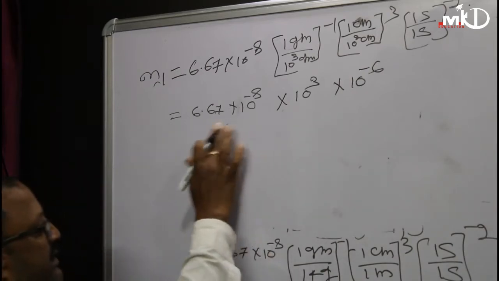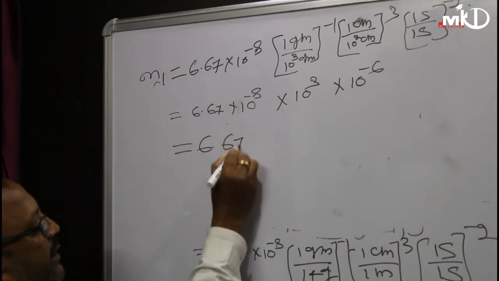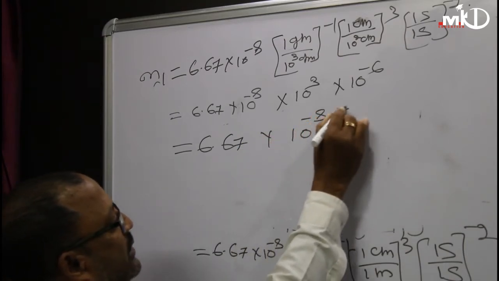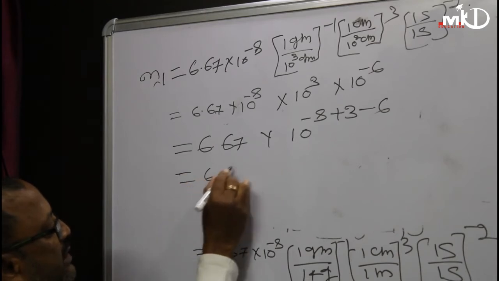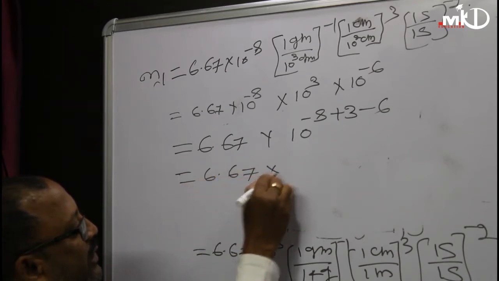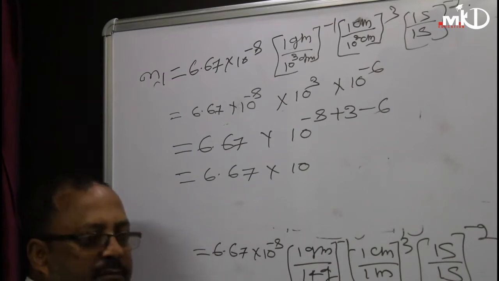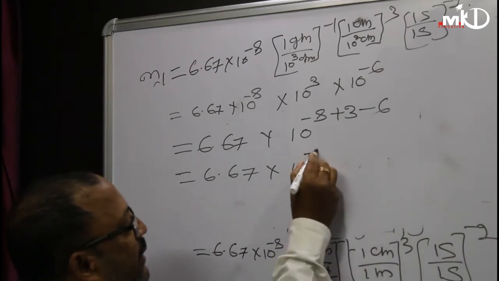Simplifying this expression by using the exponent rule, 6.67 into 10 to the power -8 plus 3 minus 6, that is -8 -6 which is -14, and -14 plus 3 is -11.